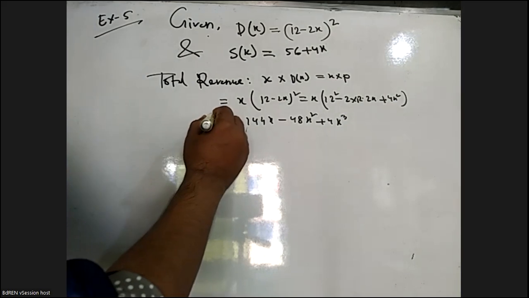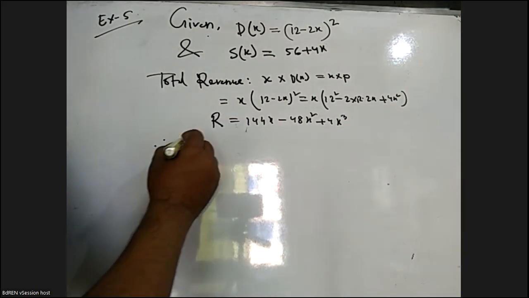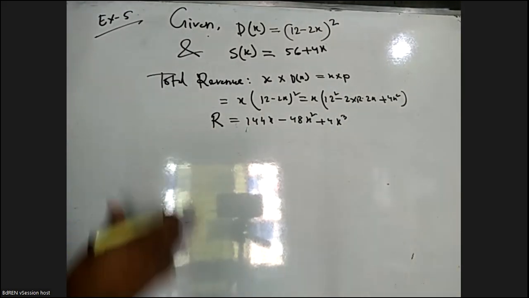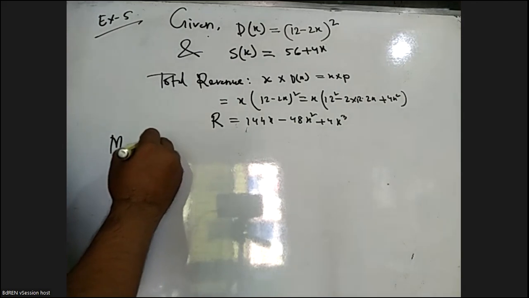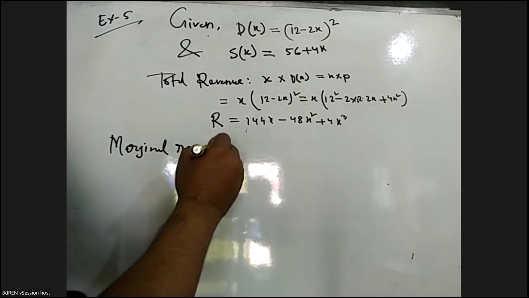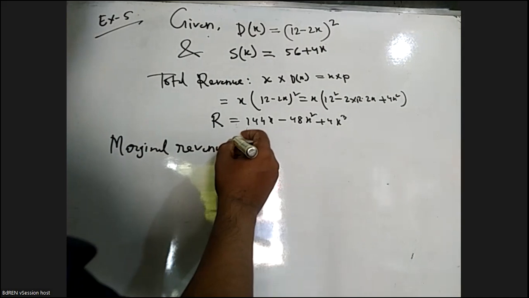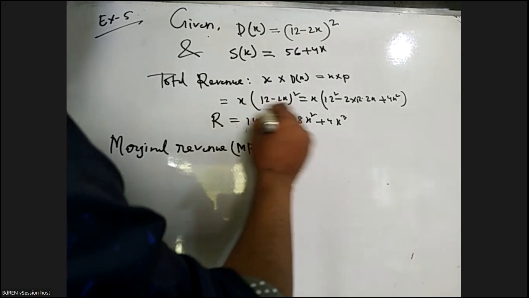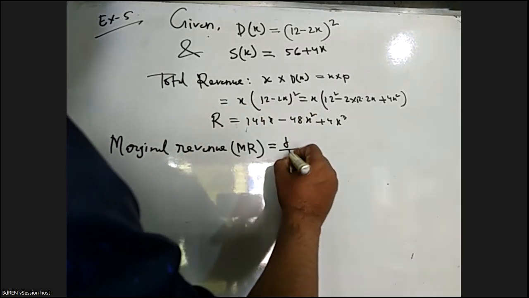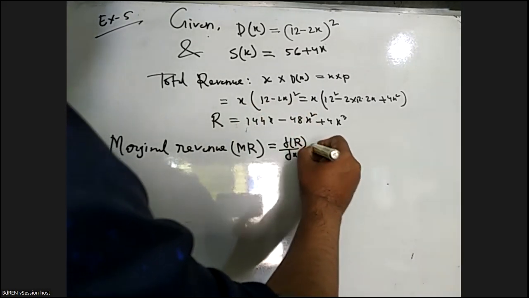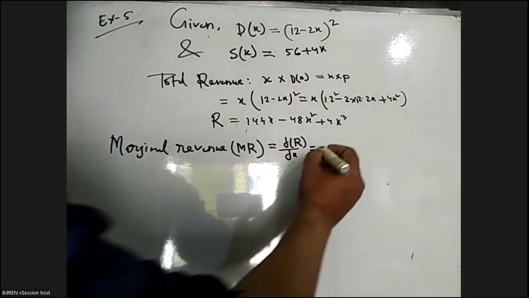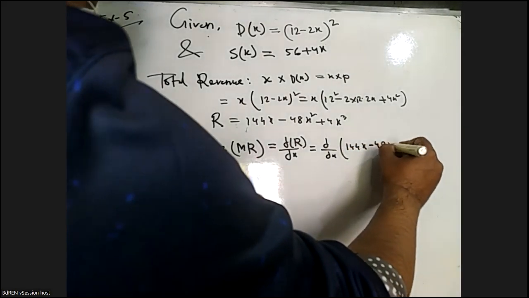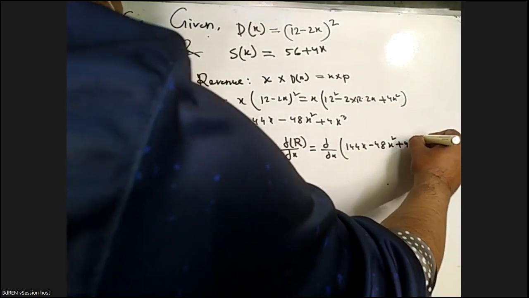So total revenue, we can write this. Now marginal revenue, MR, can be found by differentiating revenue with respect to x. So d/dx of 144x minus 48 x square plus 4x cube.